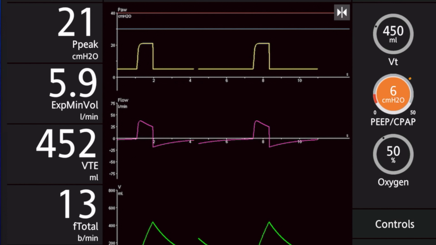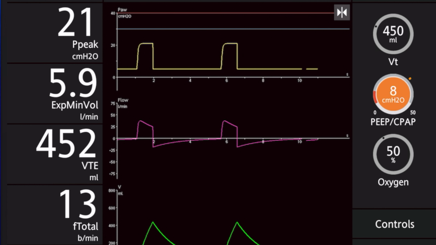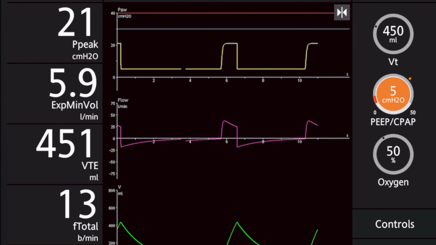As a healthcare professional, you can adjust the fraction of inspired oxygen and PEEP on the T1 ventilator. For most patients, initialize PEEP at 5 centimeters of water and FiO2 at 1 or 100%.